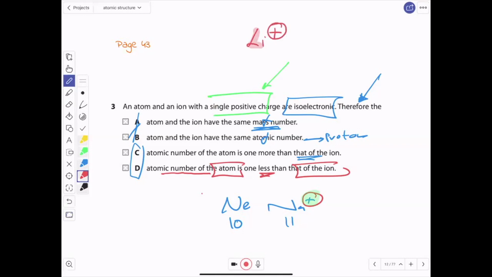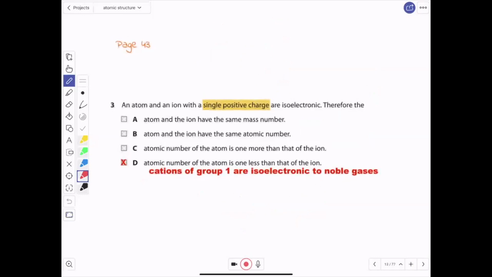What's the previous noble gas to it? Is helium. Lithium got 3, the atomic number of lithium, and helium's atomic number is 2. So it works everywhere. It works for every single positively charged atom and ion.